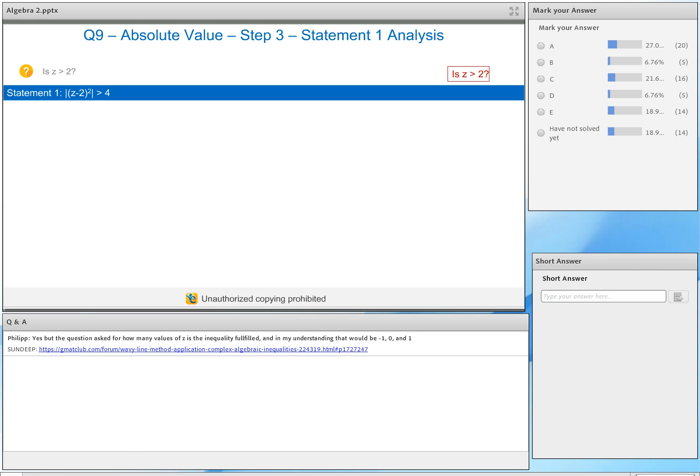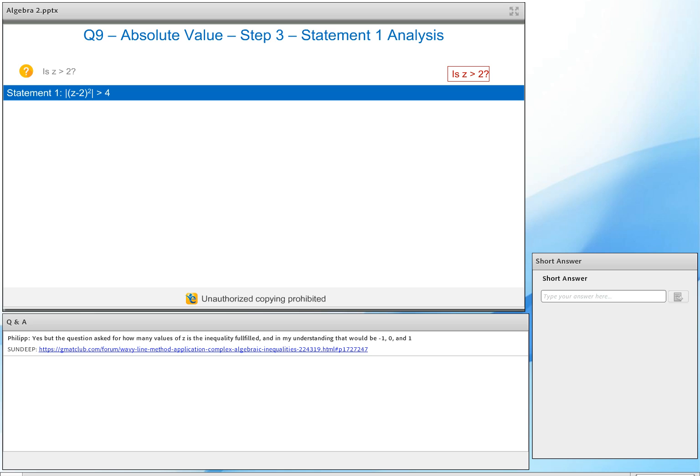Let's now look at statement number 1: mod of (z minus 2) whole square is greater than 4. Now tell me one thing. Is there any utility of modulus in this inequality?